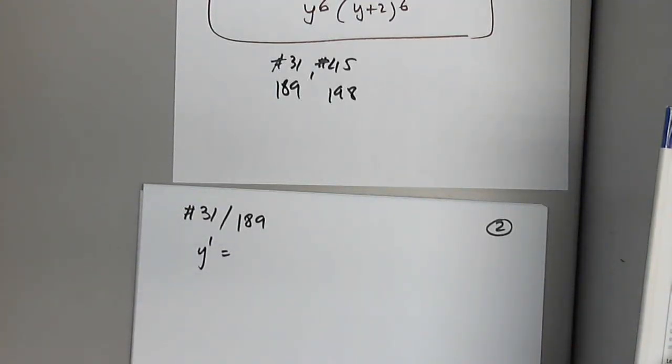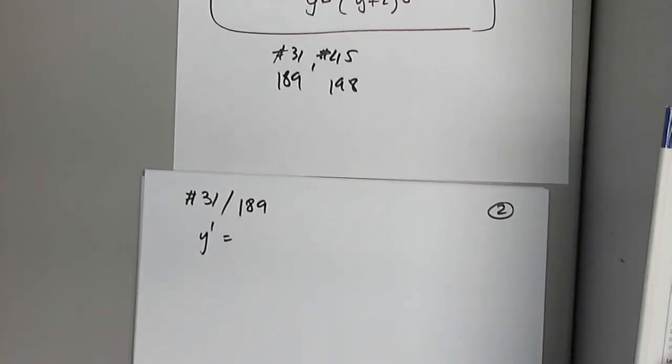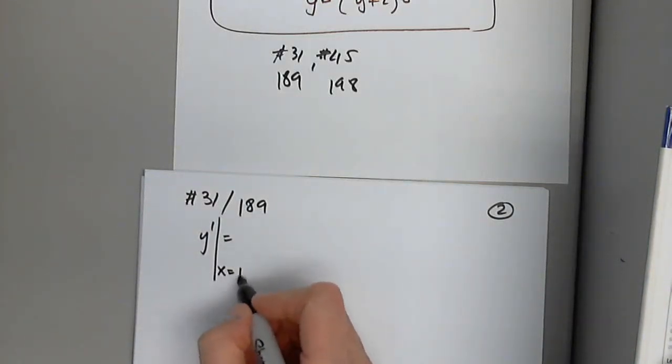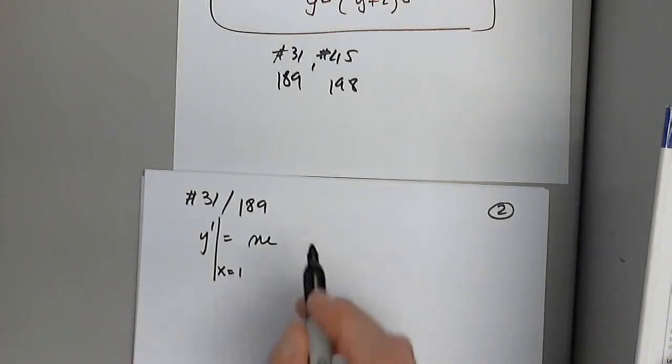Well, you have to find the derivative, and then just plug in for the point, for the slope. You cannot find the slope if you don't find the derivative and plug in a number. And the number would be 1. X equals 1. So you find y prime and you plug in 1, and that will be your slope.